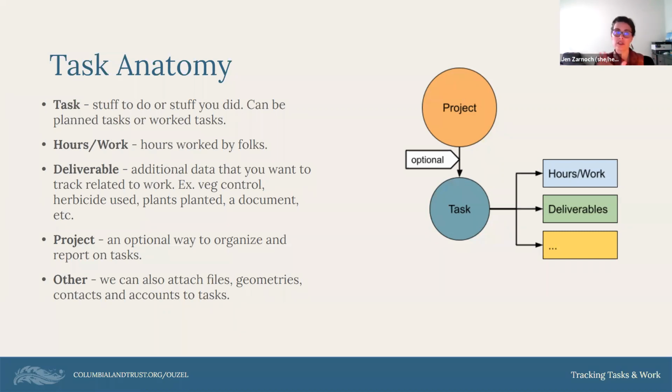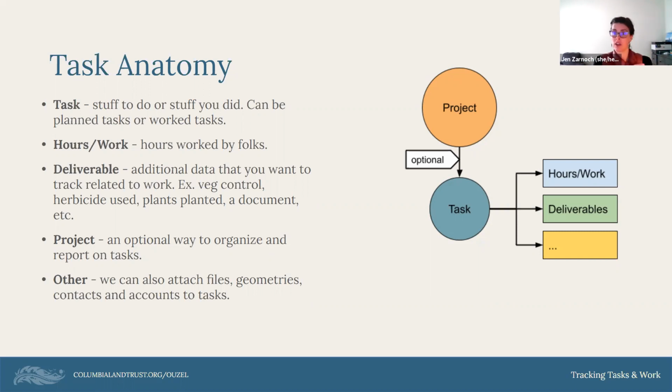Hours or work, you'll see that used in Ouzel, and that's just a person worked this many hours, or these people worked this many hours, worked by folks. Deliverables, which you've heard about in previous talks, is a tool for additional data that we want to collect for a given task. You do the task, and then you add this additional piece of information. Then we use project as a container for tasks, a way to organize our tasks.